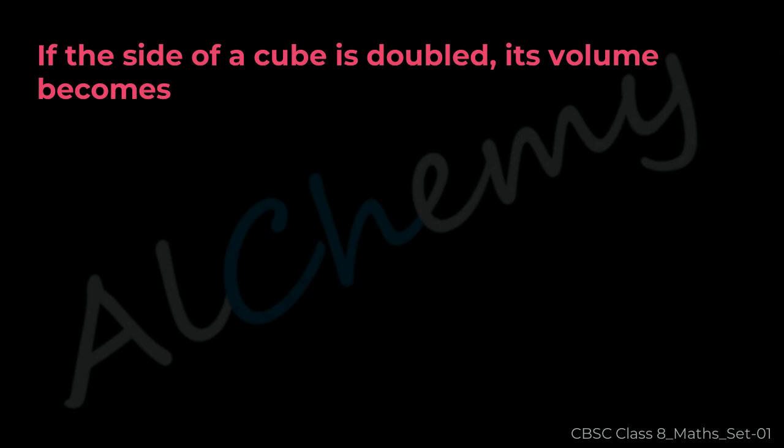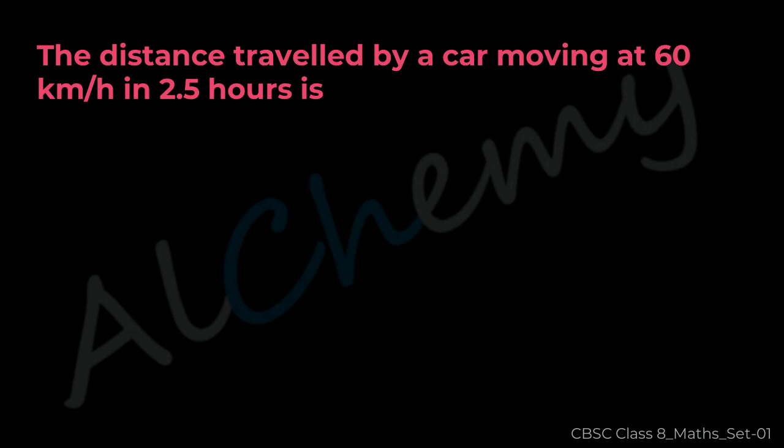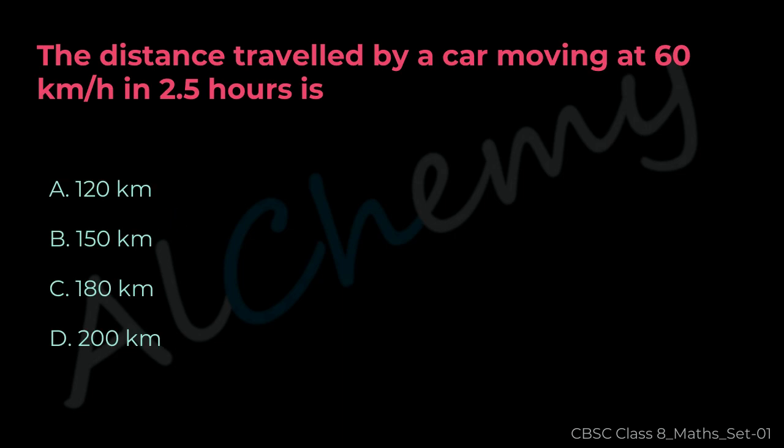Question 42. If the side of a cube is doubled, its volume becomes A 2 times, B 4 times, C 6 times, D 8 times. The correct answer is D, 8 times. Consider the following expression. A 120 kilometers, B 150 kilometers, C 180 kilometers, D 200 kilometers.